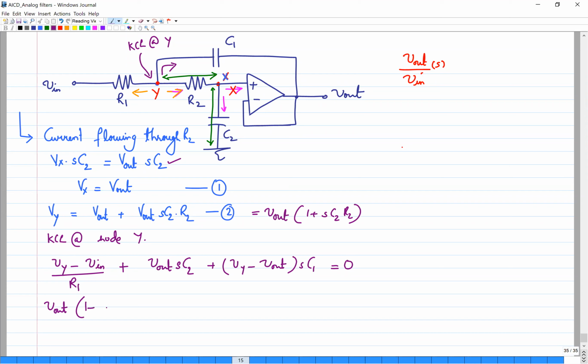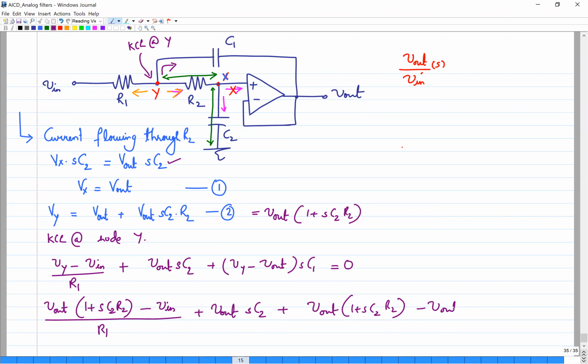So Vout into 1 plus SC2R2 minus Vin divided by R1, plus Vout into SC2, plus again Vy is Vout into 1 plus SC2R2 minus Vout into SC1 is equal to 0.